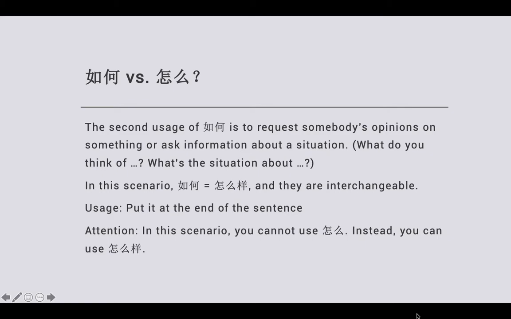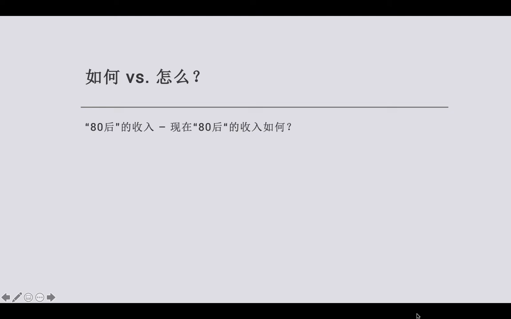Let's also follow some examples. 80后的收入. 80后 means the 80s. 的 is a connector, like de in French, but in Chinese the order is a little bit different. So 80后的收入 is the revenue of the 80s.